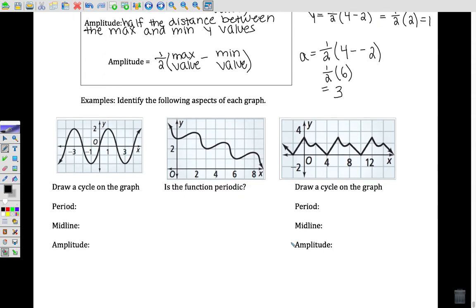So how can we apply all of those definitions? If we look at this first example, it's asking us to draw a cycle on the graph. Now you can start your cycle anywhere you want to. Say we start at a peak. One cycle would just be to trace the graph until we get back to that same y value.